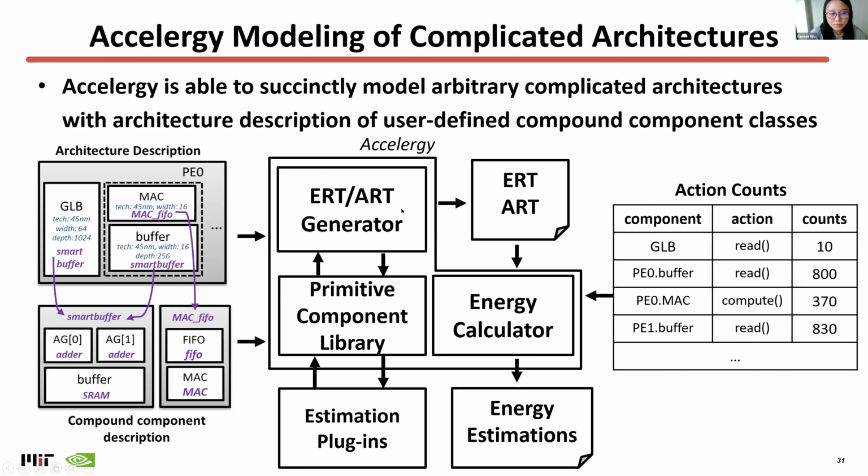So Accelergy will be able to understand the architecture and the compound component description, and with that understanding, it can appropriately ask the energy estimation plugins for the energy per action values for the components in the architecture. So let's look at an example of how we do this with the YAML files.